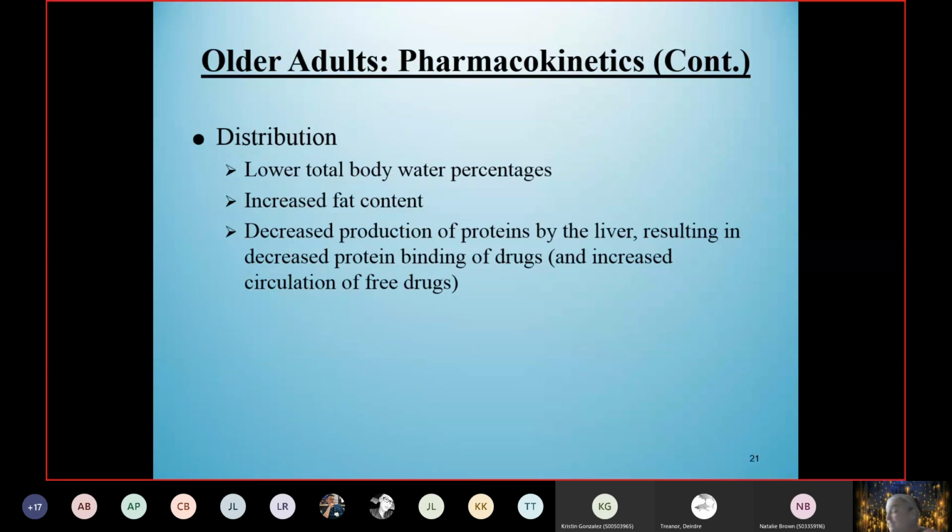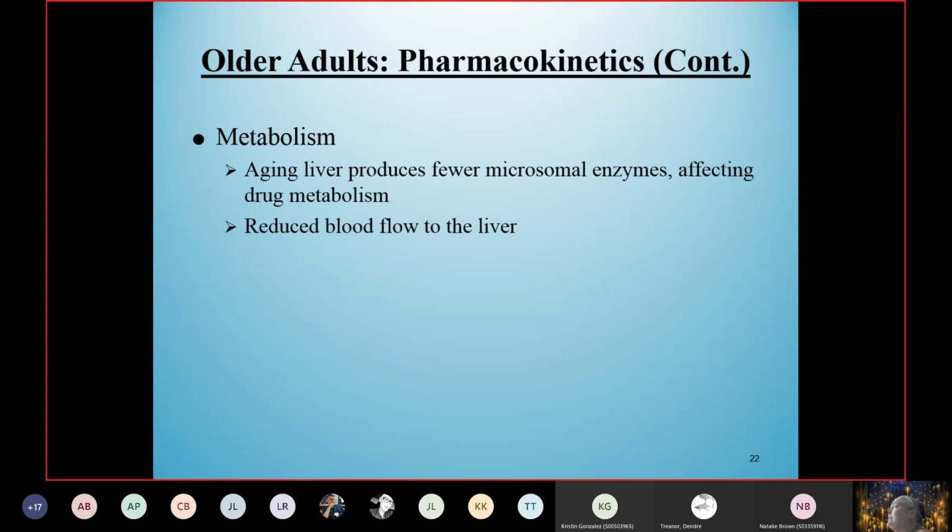Fat content is increased because we all gain a little weight. And then decreased production of proteins by the liver. So decreased protein binding of drugs. So you have increased circulation of the free drugs. Metabolism, the aging liver doesn't produce as many enzymes, and decreased blood flow.